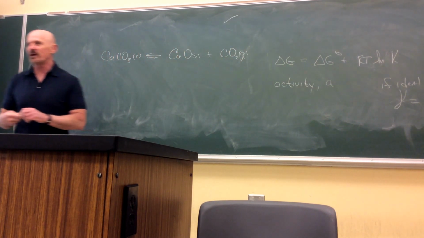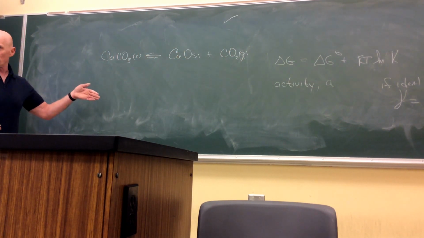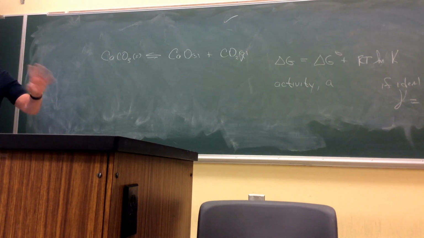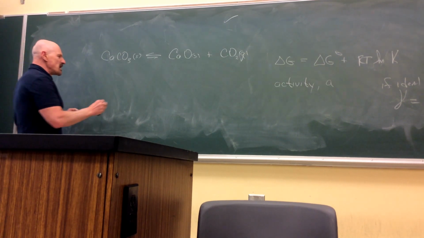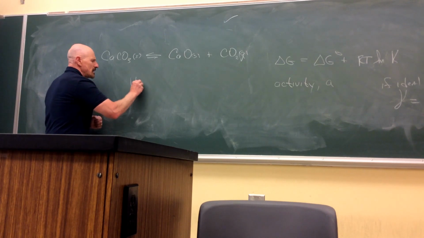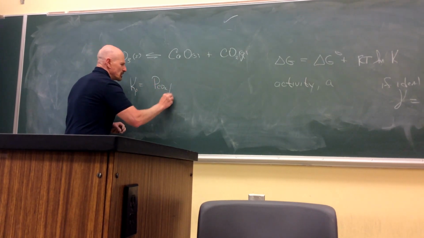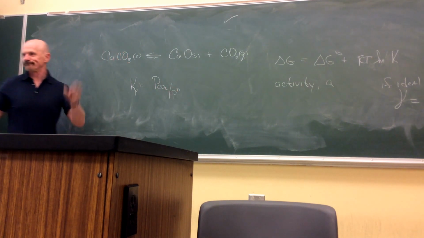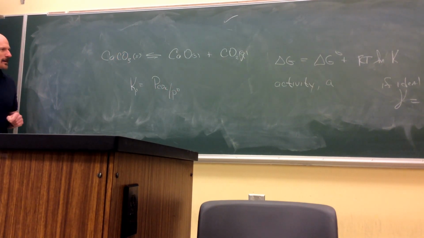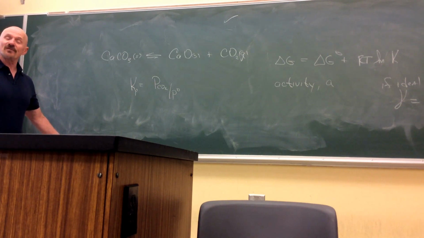You remember from general chemistry, when you're writing equilibrium constants, you do not include solids and liquids. So for this, the Kp is equal simply to the pressure of CO2 divided by the standard pressure. That's all, okay? Now, that would normally be the case if it were ideal.